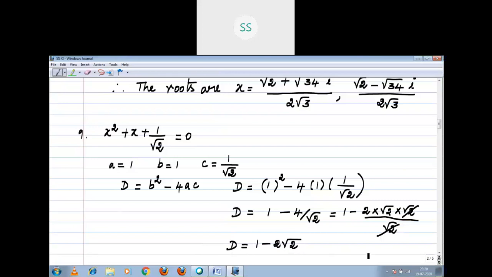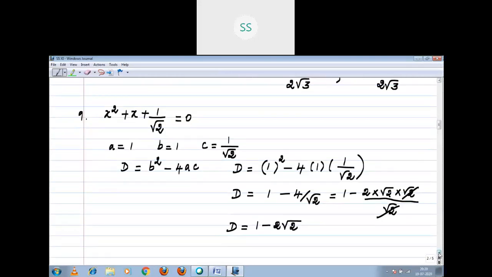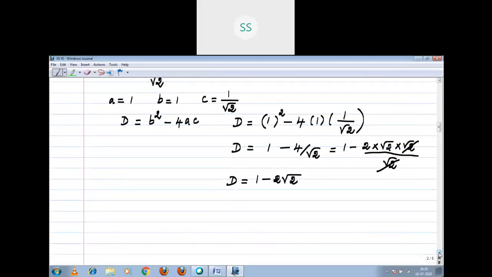Next, how to find the roots? Very good. X is equal to minus b plus or minus root d divided by 2a.